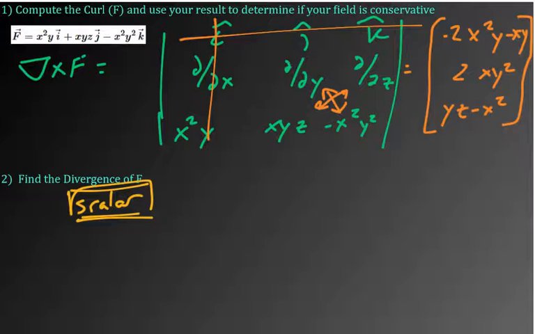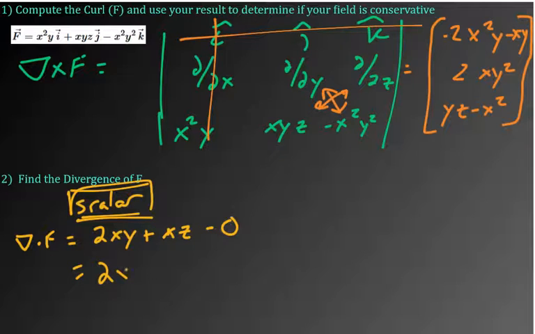In this case, the symbol we can use is the del operator dotted with F. So we would get the partial of this first component with respect to x, plus this one with respect to y, plus this one with respect to z. So we'd get 2xy plus xz minus nothing.